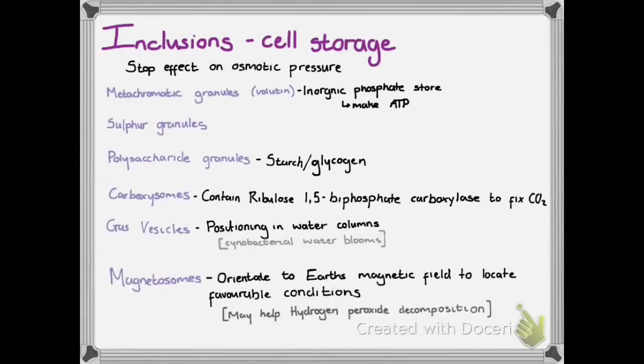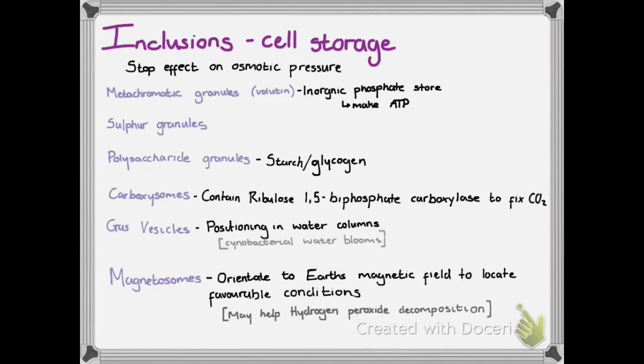And then we've got some things that vary by cells and functions. They're called inclusions, which act as a sort of storage inside the cell to stop the effect on osmotic pressure. So you have metachromatic granules, which are inorganic phosphate stores so that you can make things like ATP. You have sulfur granules, and polysaccharide granules, which act as starch or glycogen storage.